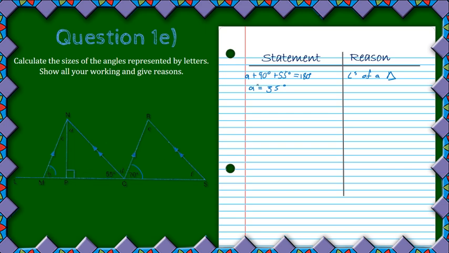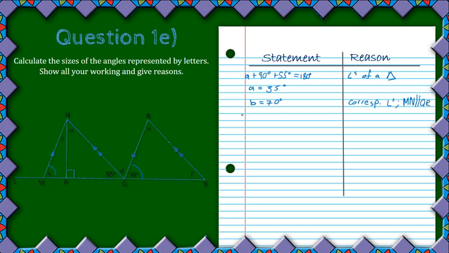So that means that B is equal to 70 degrees, because corresponding angles are equal to each other. So my reason, corresponding angles. And I need to state that this MN is parallel to QR.